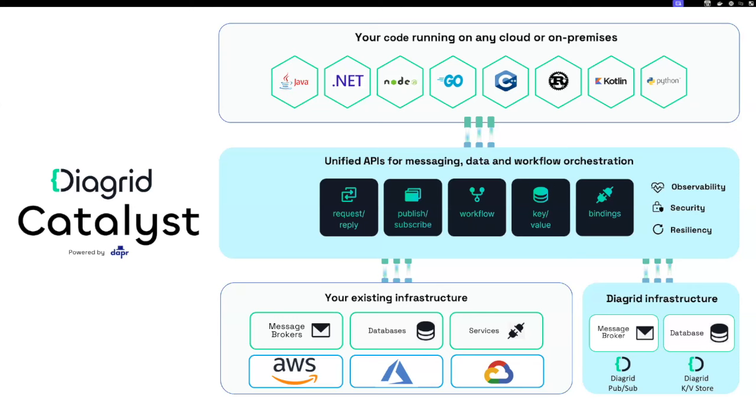So today we provide basically 5 APIs that are hosted by us, completely in a serverless fashion, consumption-based. So request reply, publish, subscribe, workflow to be able to orchestrate across a series of actions that need to happen in a particular sequence. We have a key value API, which is used for key value state management, and then a bindings API, which allows you to connect to services and either react or respond to events.